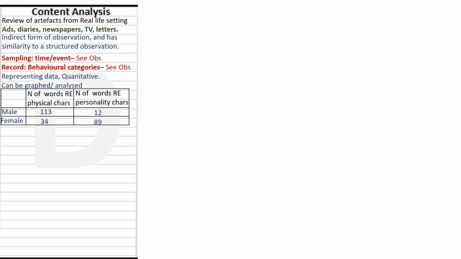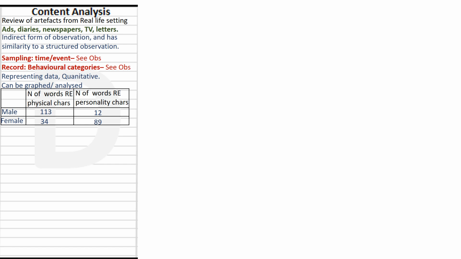Now the numbers that I've got here aren't from the study. I've just popped them in to demonstrate a difference, and you can see this is simply a quantitative approach, where every time a looking-for sentence was used which had a physical aspect to it, a tally chart was made. Say there were 113 words of males looking for physical things from their partners. But when it came to personality, very rarely would males talk about looking for a good personality in some way.